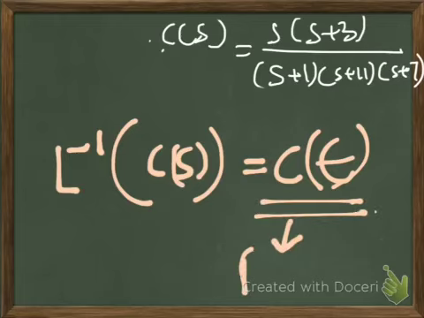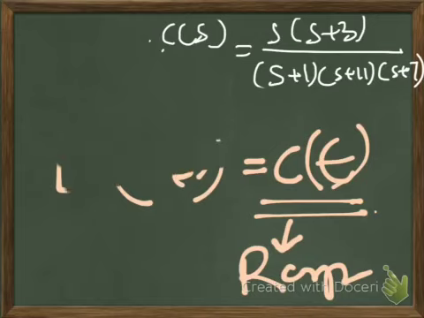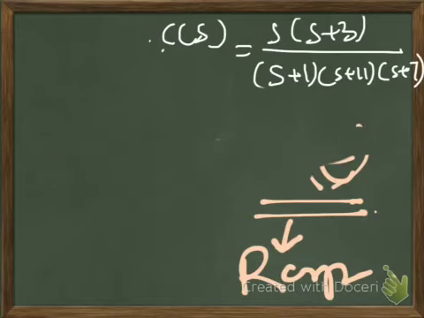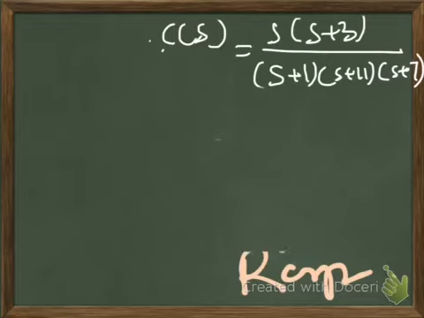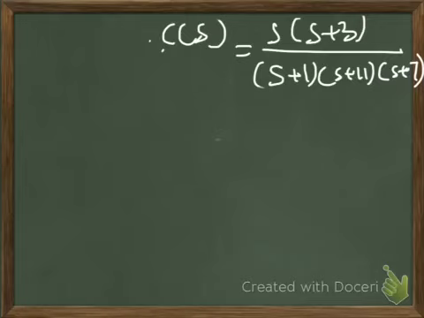This is the response you need, right? Now on the left hand side, very fine, Laplace inverse of C of s is equal to c of t. But on the right hand side, you cannot directly apply Laplace inverse on the given transfer function. First of all, you have to defragment the above transfer function.